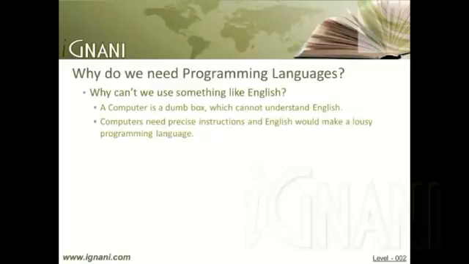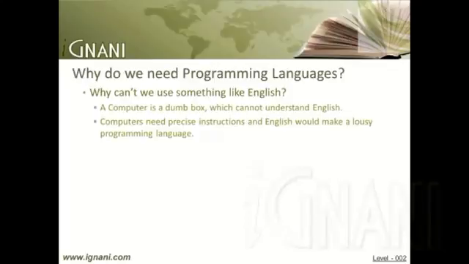To explain our first point above, a computer, being a machine, only understands two basic concepts, on and off. The on and off concept is called the binary system, with on representing 1 and off representing 0.